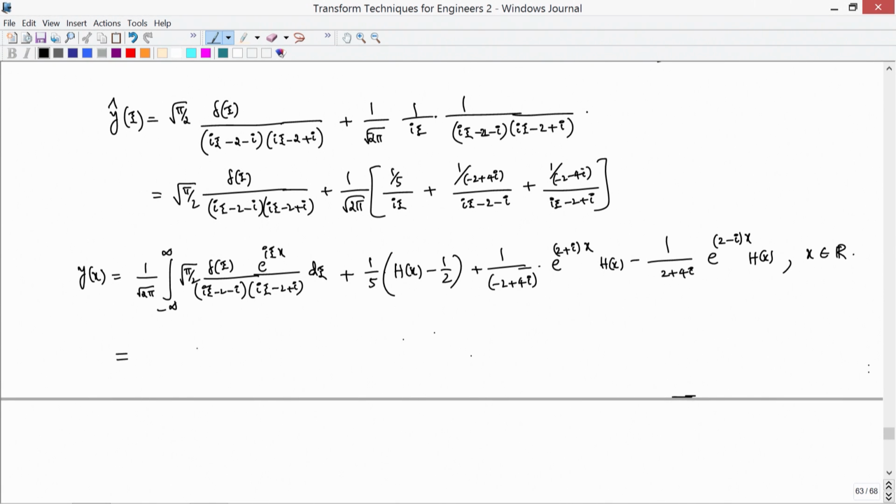So, what happens to the first integral? Because of this delta function, root pi goes, and you have root 2 in both places in the denominator. So, you have 1 by 2, and when you put xi equal to 0, that is simply 1 by 2, minus i minus 2 minus i times minus 2 plus i. So, it is going to be 4 minus i square, so it is going to be 5.